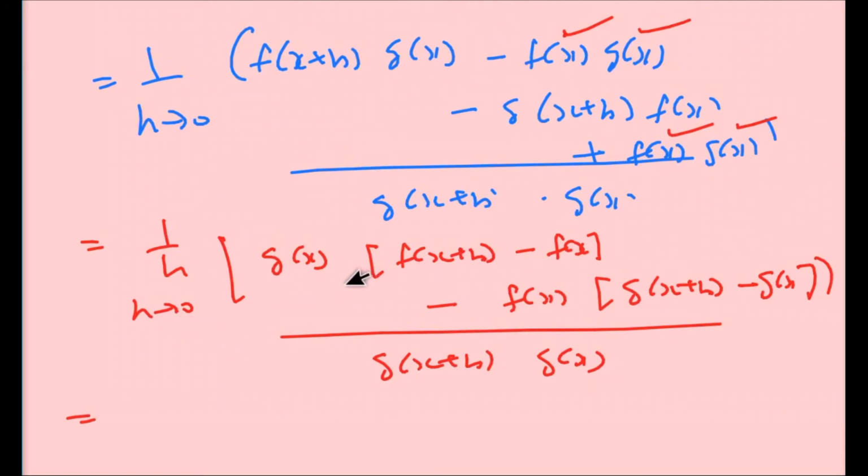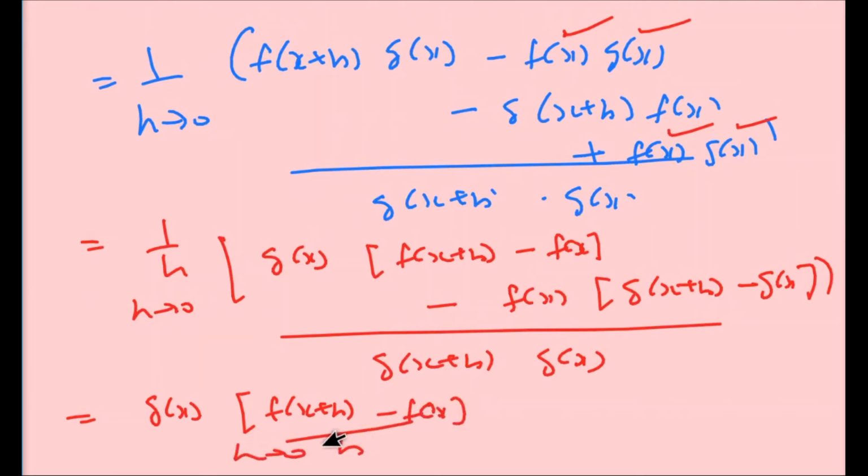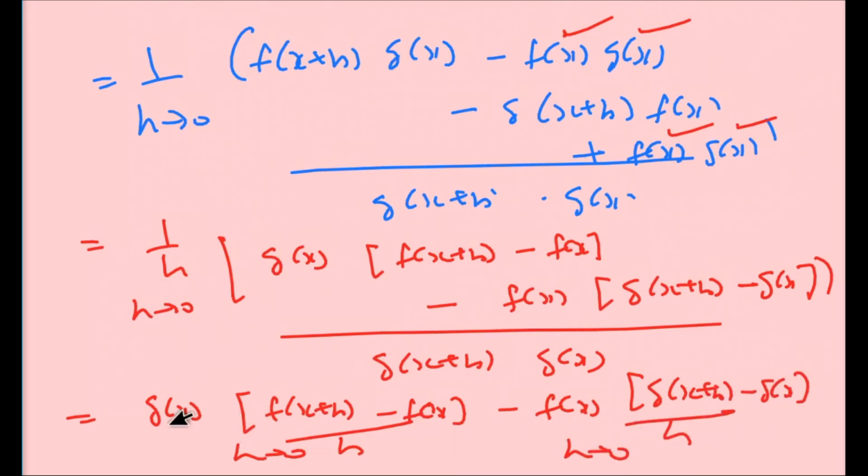Now if we divide h here and h here, what we get is g(x) and f(x+h) minus f(x) upon h as h tends towards 0, minus f(x) and g(x+h) minus g(x) upon h as h tends towards 0, and divided by g(x+h) g(x).